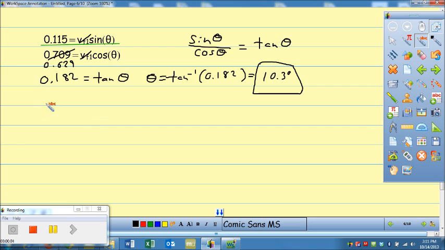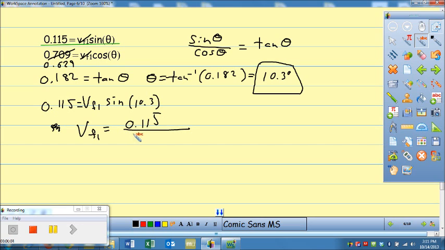Then we have 0.115 equals VF1 sine of 10.3. So that means that VF1 equals 0.115 divided by sine of 10.3.